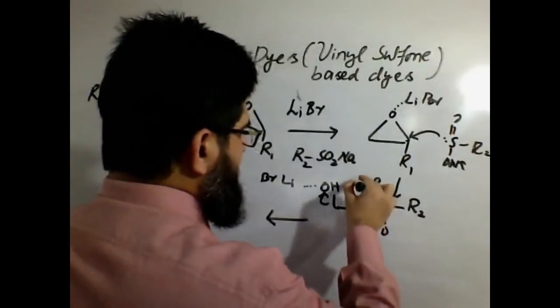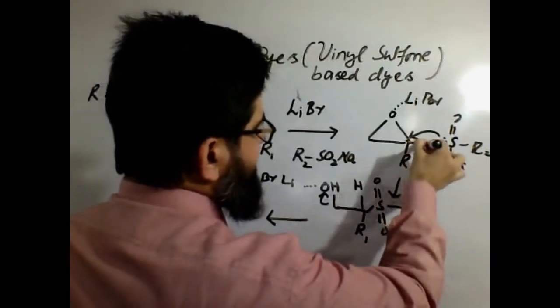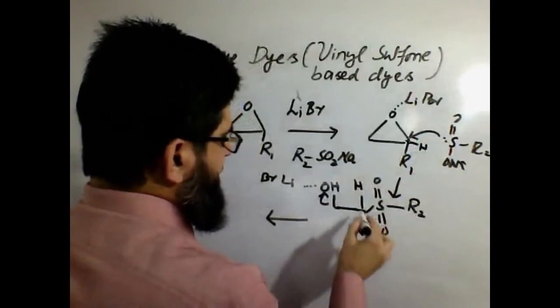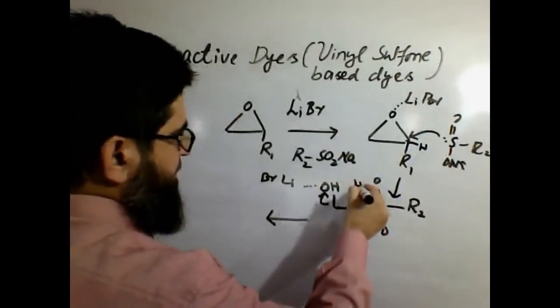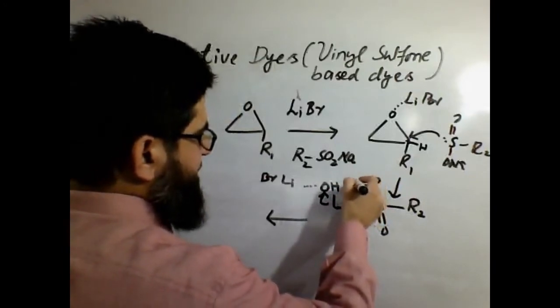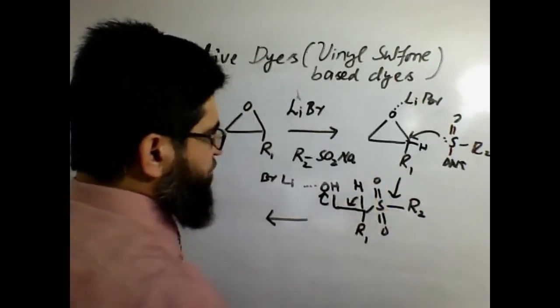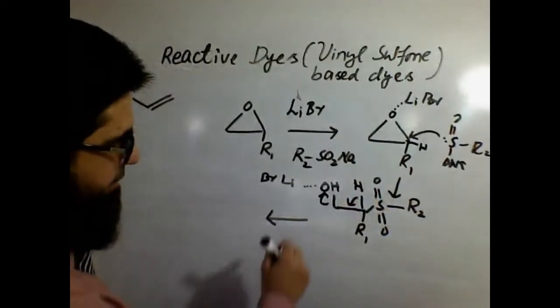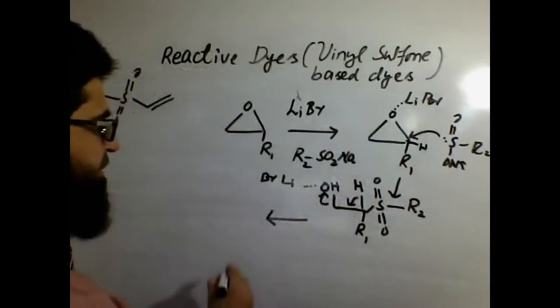when a proton which is already attached to this carbon is abstracted by the base, and those electrons move to make a double bond, and then this hydroxyl is removed from here.